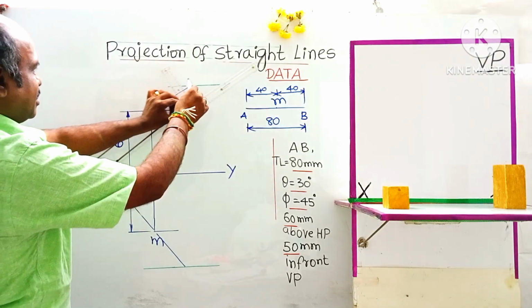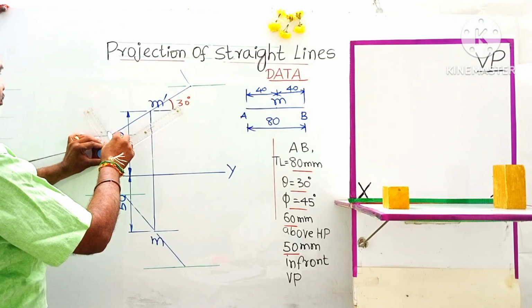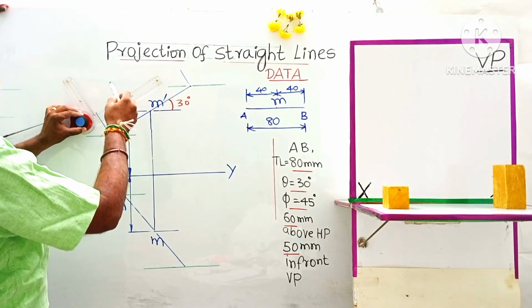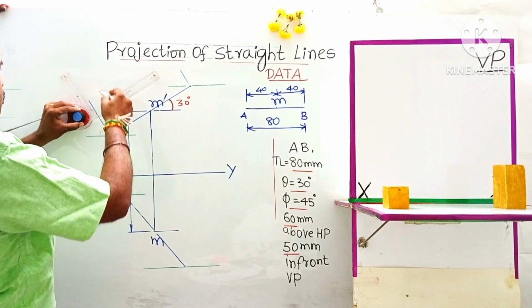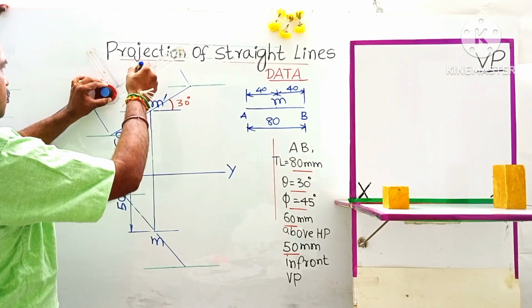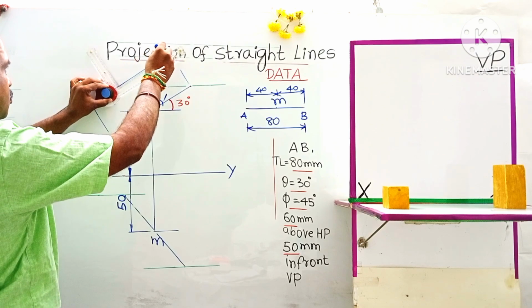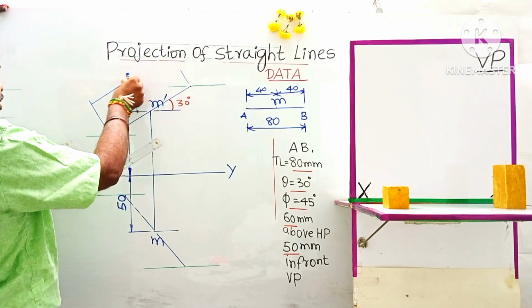Okay, let us dimension this. Draw an extension line from one end point. Similarly, draw another extension line from the opposite end point. Draw the dimension line. Let me draw below.